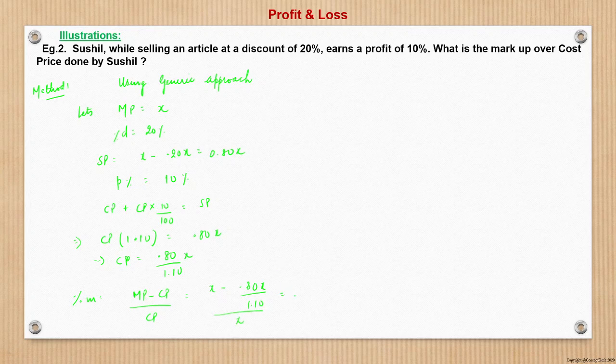If we solve this, we will get, I think, 3 by 8, that is 0.3X upon 1.1X.